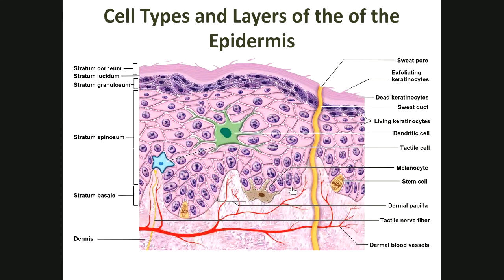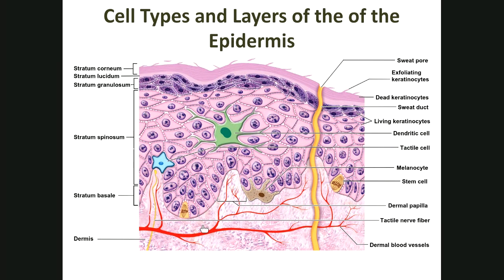The other name of stratum basale is stratum germinativum or basal layer. This layer is composed of a single layer of cuboidal or low columnar cells, and these cells are attached to the basement membrane. And by this basement membrane, they are separated from the connective tissue.